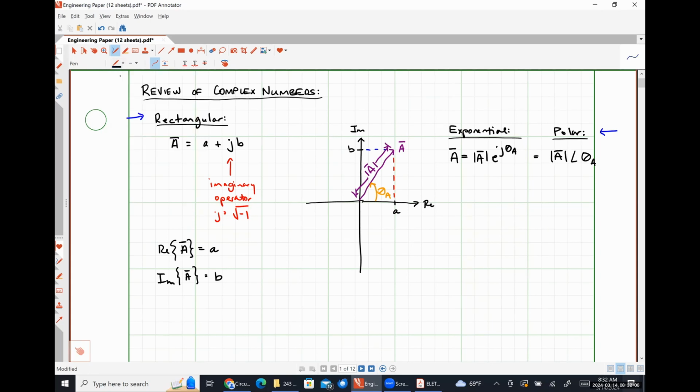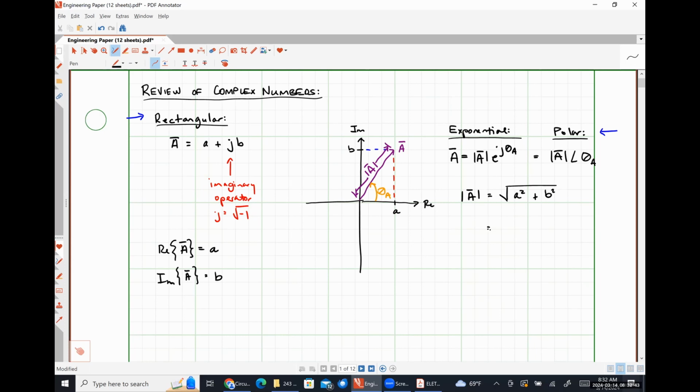So I hope that everybody can see that our complex number A simply forms a right triangle, right? And the length of that complex number A is just the hypotenuse of that right triangle, which means we get to use the good old Pythagorean theorem from like 8th grade math, right? So the magnitude of A is simply going to be the square root of lowercase a squared, which is the real part squared, plus lowercase b squared, okay?